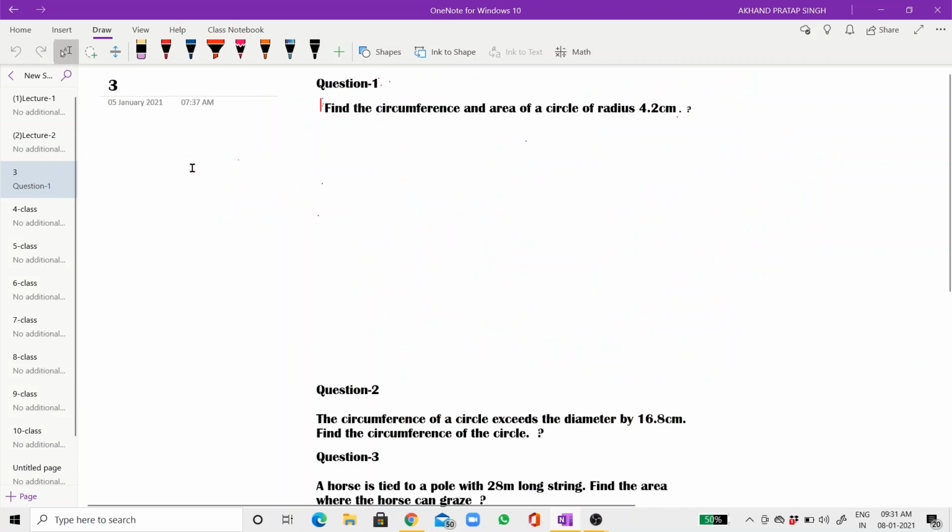Now take some questions related to this topic. So the question is, find the circumference and area of a circle of radius 4.2 centimeter. So we are starting with a very basic question. So what is given?